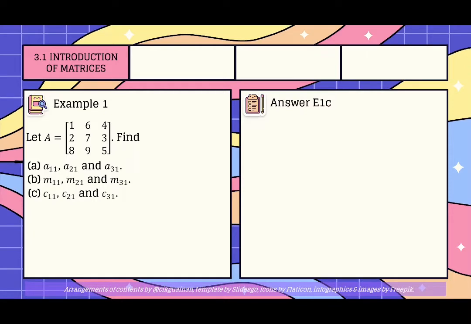Okay, let's continue to find the cofactor for each minor. For the first one, since M11 is 8, the cofactor is raising the power of -1 to the sum of the row and column. So 1 plus 1 is 2, -1 squared is 1, multiplied by 8 is 8.